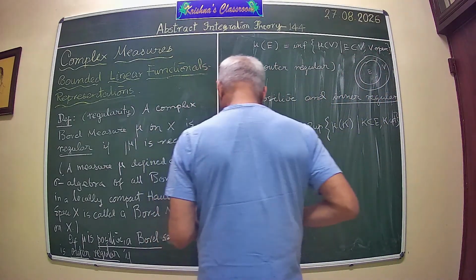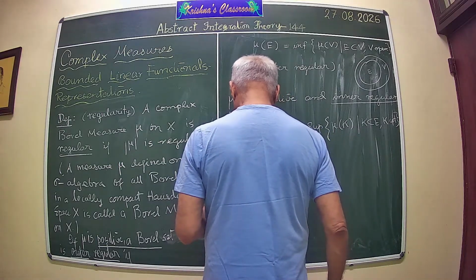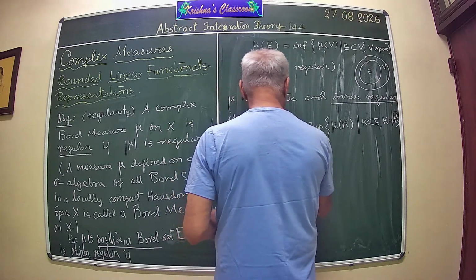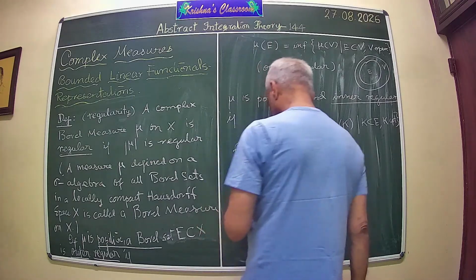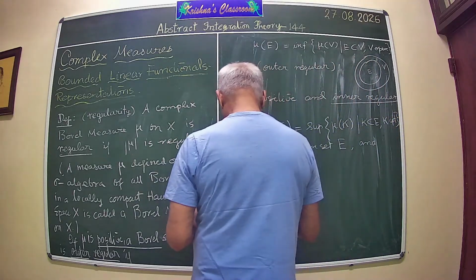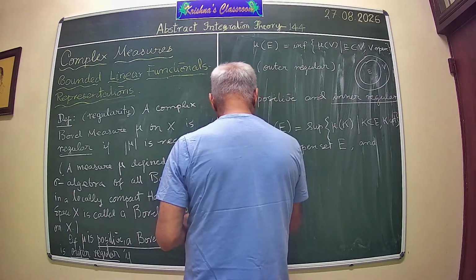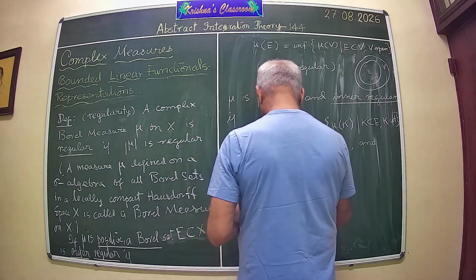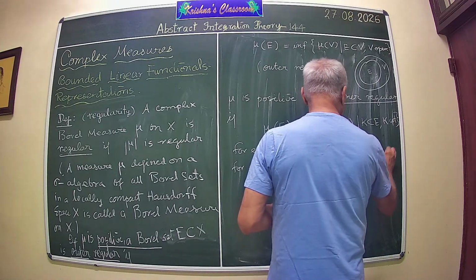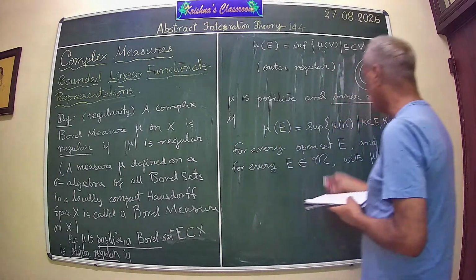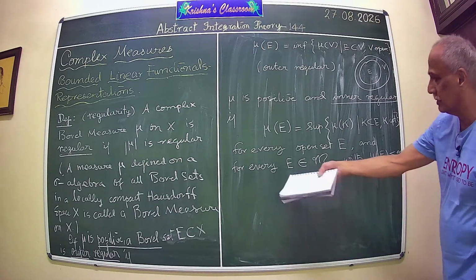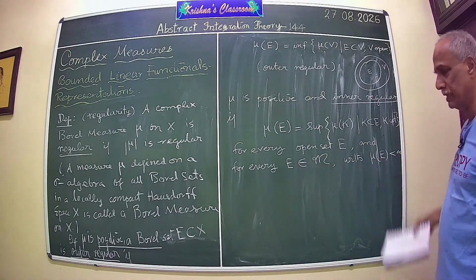Now we can write the two classes of sets that you have, all open sets as well as every set in M whose measure is finite.